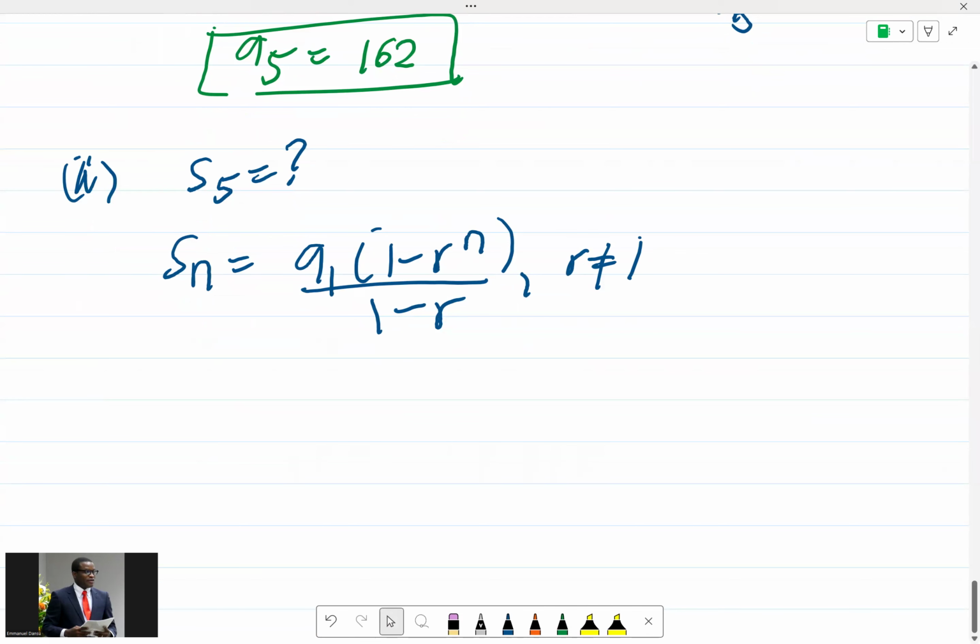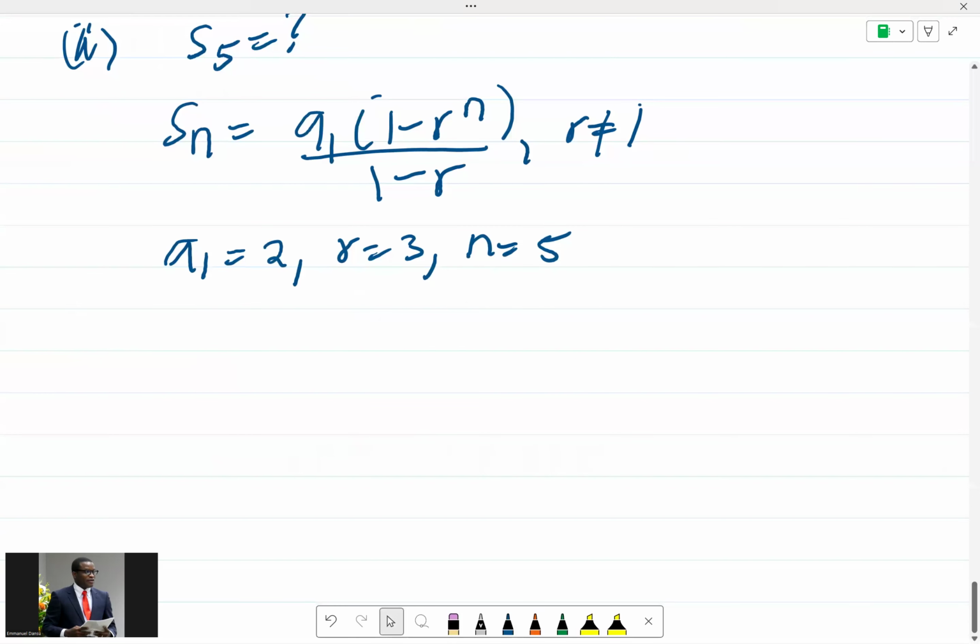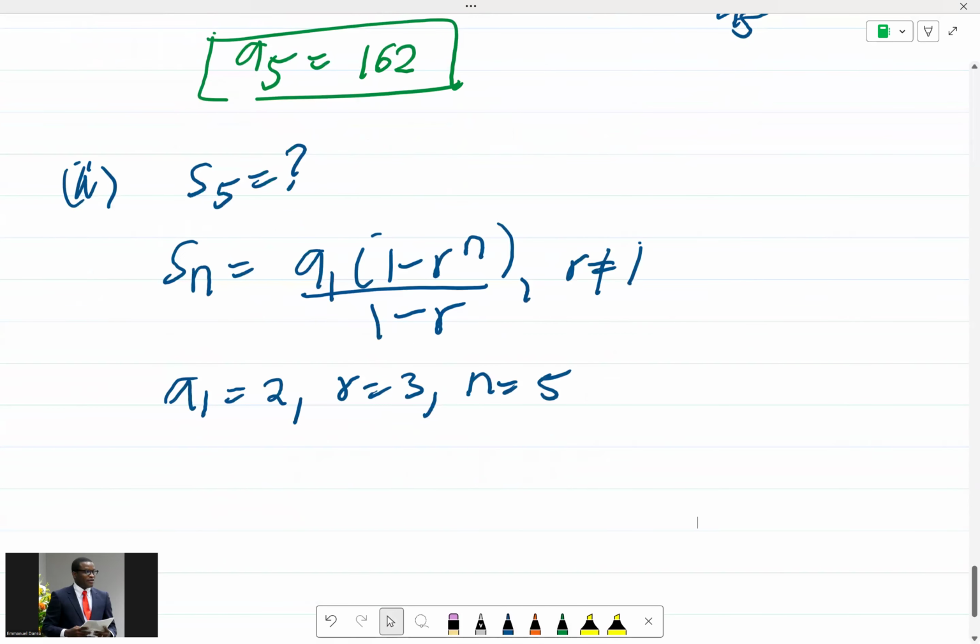In fact, R equals 1 is not going to make sense, because the values will remain constant. Here A1 is 2, the common ratio is 3, and n is equal to 5. So we can just plug all of that in.